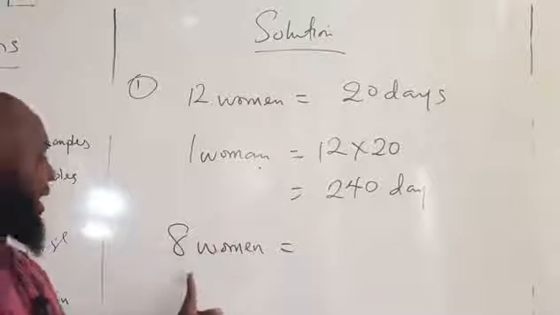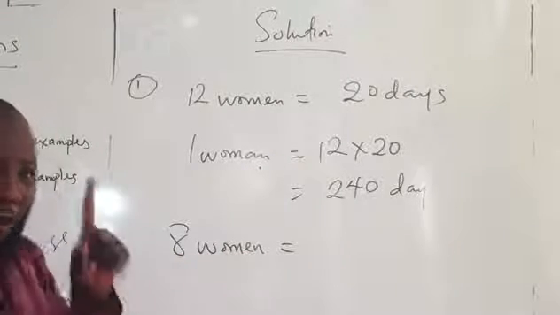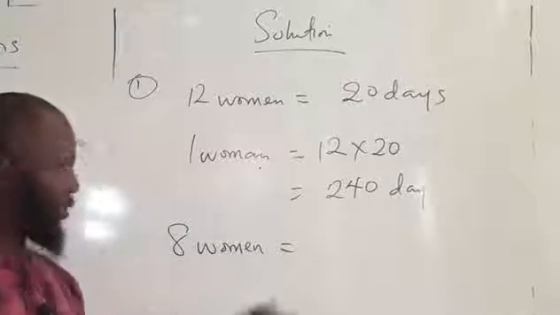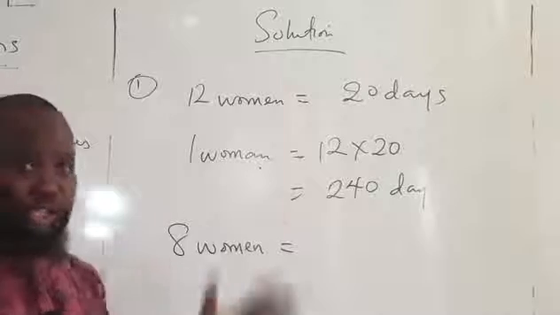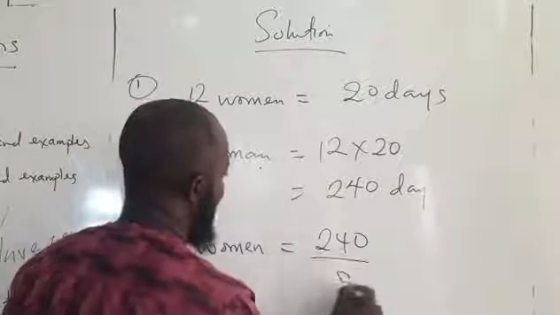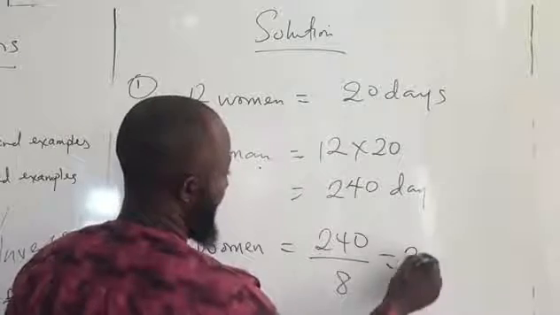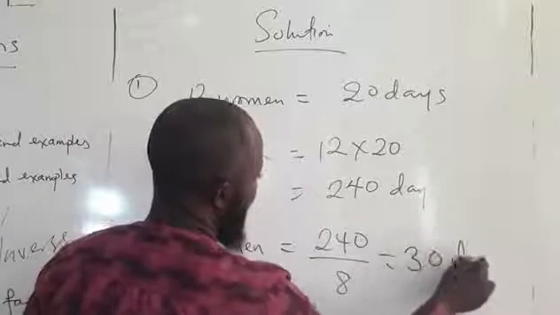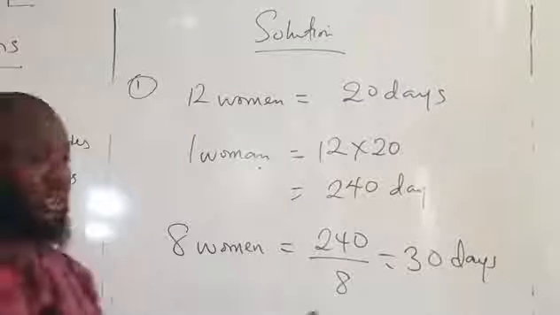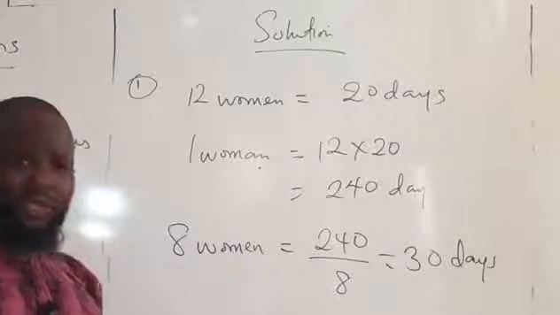These 8 women will now share the work done by one woman. We have 240 days, let's share it into 8. That means 240 divided by 8. So this gives us 30 days. I believe this is very clear.